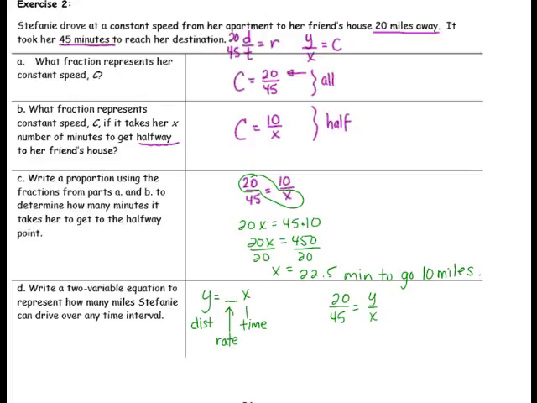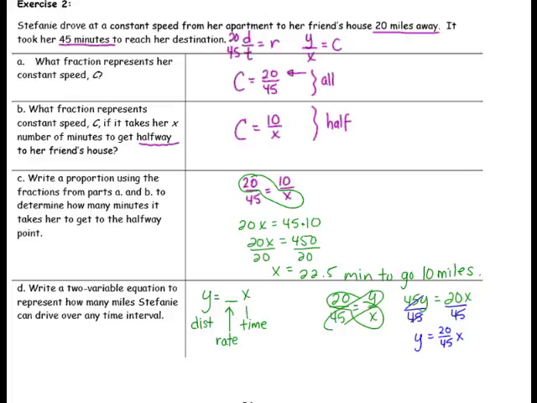Now, convert that to a linear equation. 45y equals 20x. Now, are you going to divide by 45 or 20? Remember, when you want to solve for y, you divide by the coefficient of y. So divide by 45 on both sides of the equation. And that leaves you with y equals 20 over 45x, where 20 over 45 represents her speed.